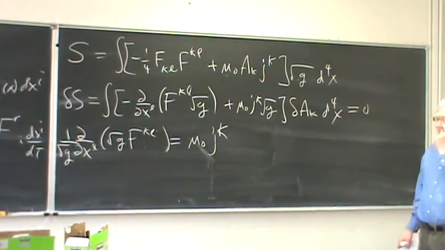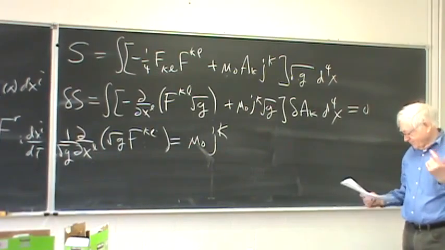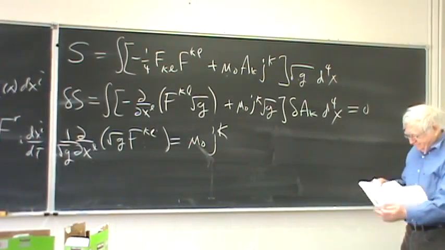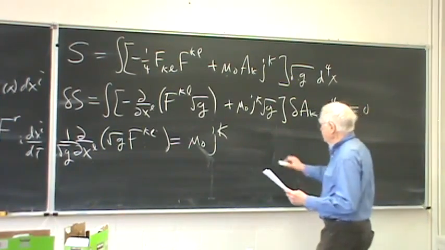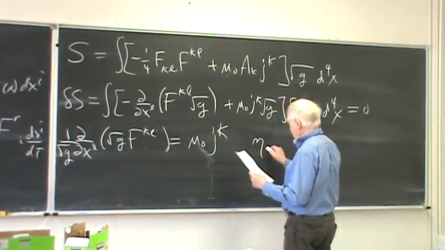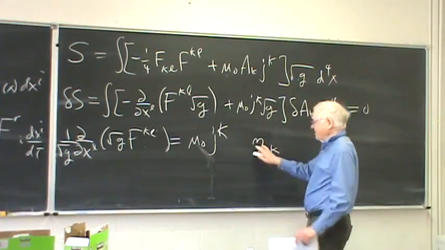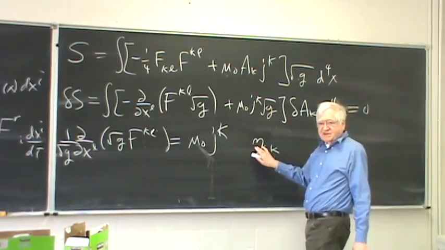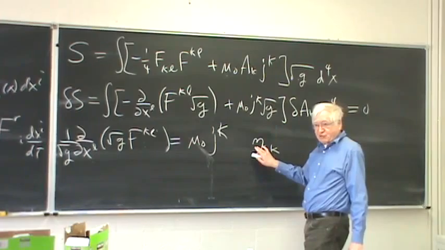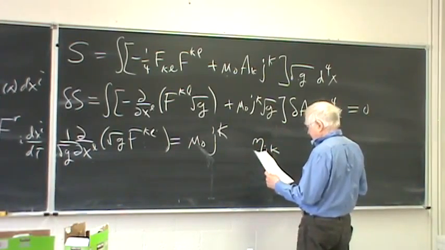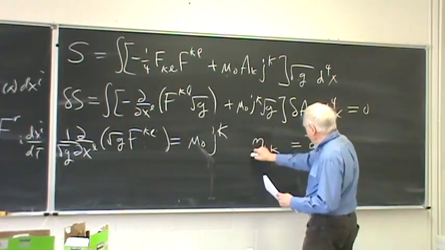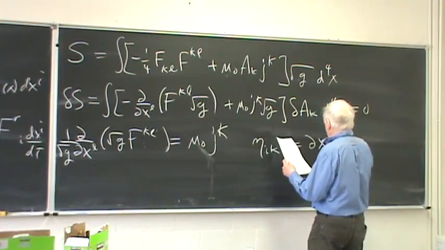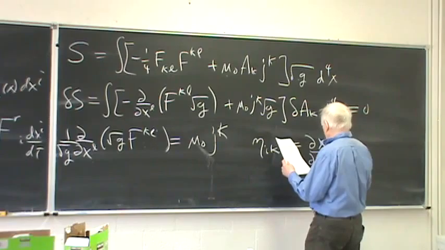Now, a way of thinking about it mathematically is that when you make a change of coordinates, well, what are we talking about? We're talking about eta_ik, where this is the flat space Minkowski metric of special relativity. The change of coordinates, if we go back to those coordinates, then it's partial x^j, partial y^i.